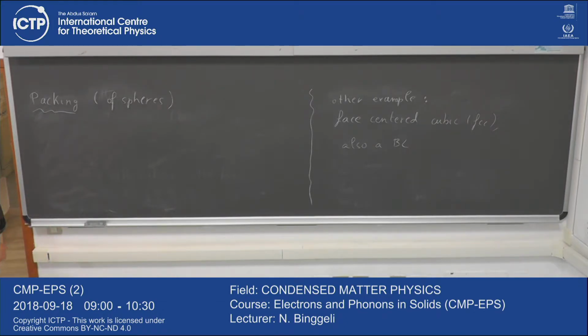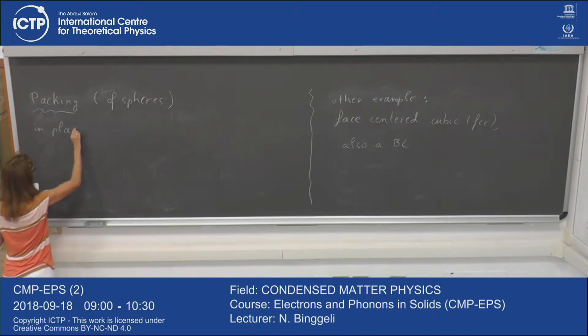So I imagine that I have spheres, balloons, on the floor, and I would like to know what is the most efficient way to pack them, to have the least amount of space between the spheres, or just disks, when they touch each other. So first let's look in the plane, in 2 dimensions.